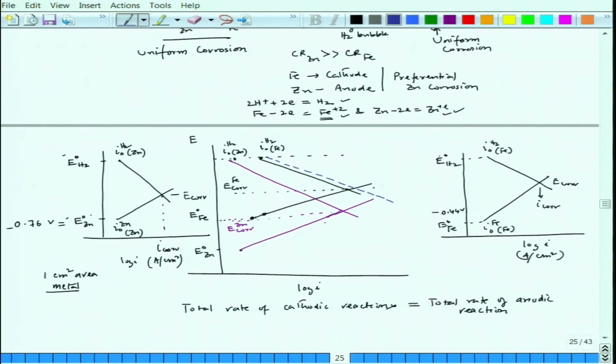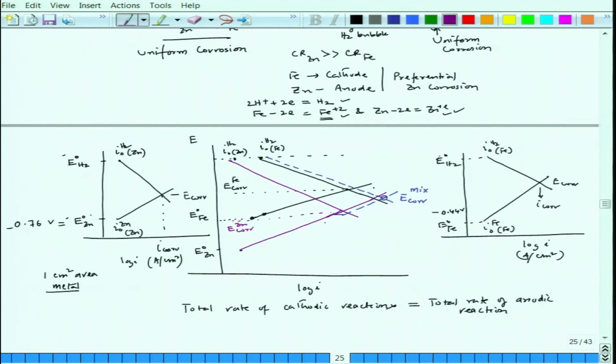So, here it is meeting. So, it will go like this. Okay. So, now this is the E corr mixed.